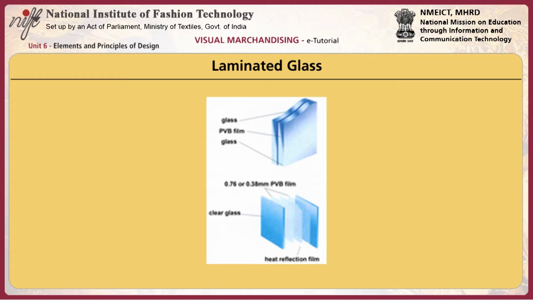PVB laminated glasses tend to have a higher safety performance and are the more commonly used variety. One or more sheets of glass are bonded together with one or more PVB interlayers. If the glass suffers an impact, it may eventually fracture, but the broken fragments will remain bonded to the interlayer.